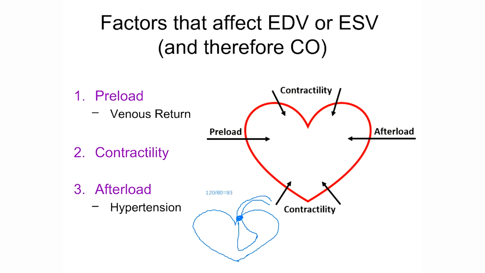Let's say that somebody has terribly high blood pressure. So we're going to go with a situation where their blood pressure is awful. It's 160/120. In that particular case, the average blood pressure is 133. And what that means is our afterload has increased. So there's much more back pressure on the left ventricle.